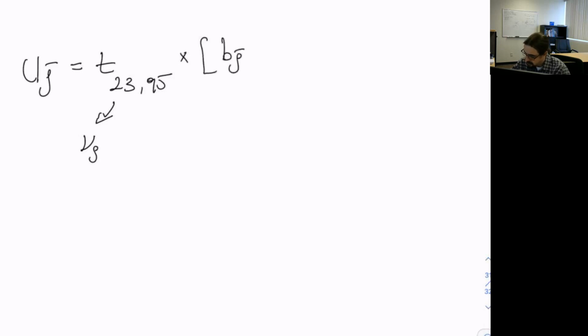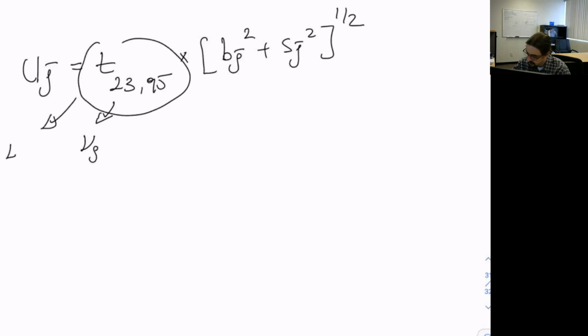U rho bar is then t 23, the degrees of freedom we just calculated for rho, at 95, times the square root of B rho squared plus S rho squared. Let's use this number from our table 4.4, and that will give us 2.06.